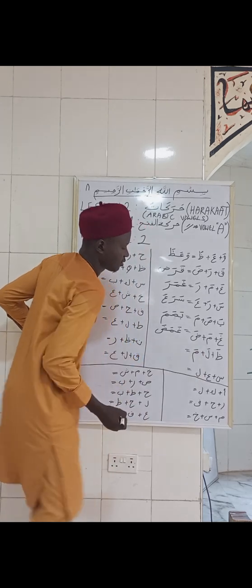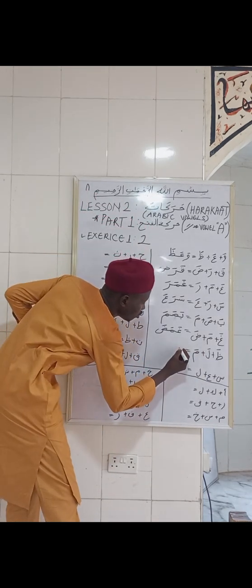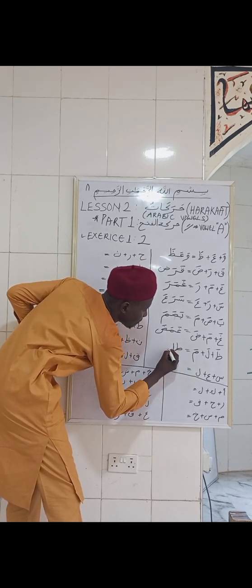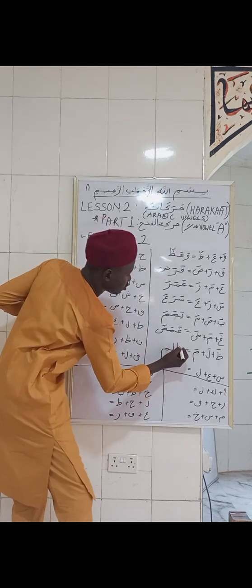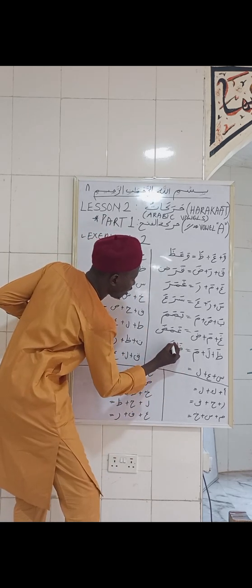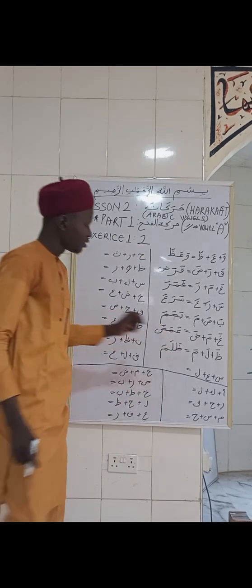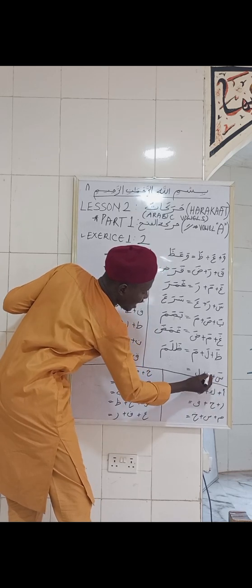So the next one is fa-lama. Fa can be joined with lam. Lam can equally be joined with mim. So this is fa-lama. So the last one in the first column is what?